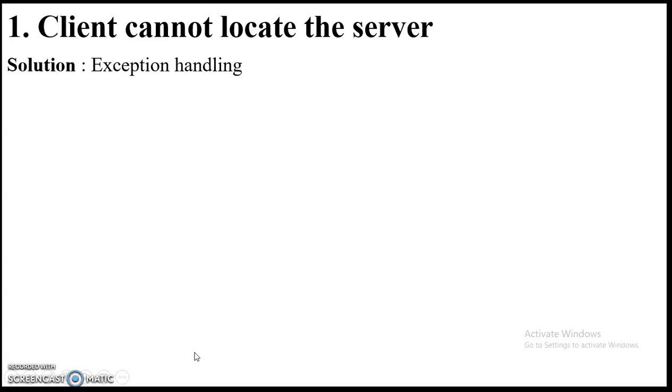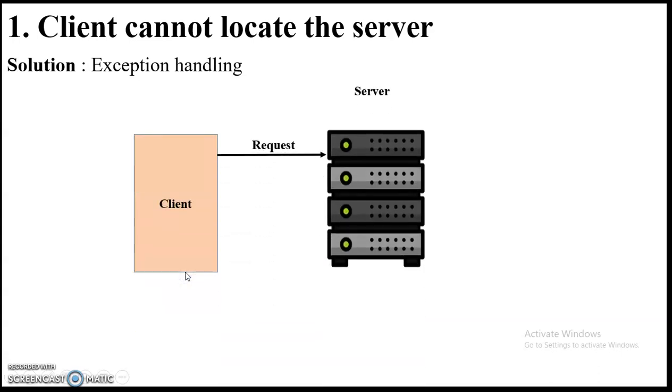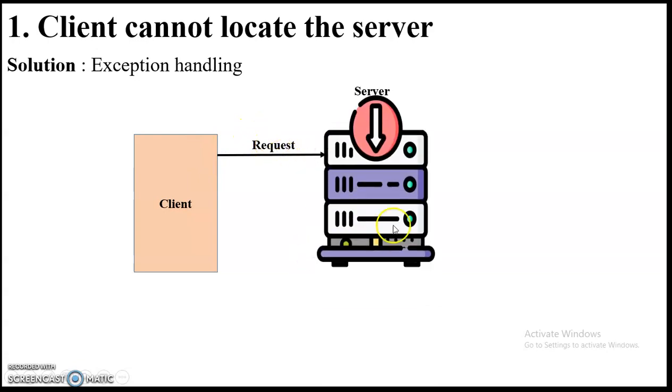The first one is the client cannot locate the server. The solution is exception handling. Let us see what it is. The client will send a request to the server. After sending the request, the server has failed or crashed. The client is expecting a response from the server within, let's say, 15 seconds. It has set a timer and expects a response within that time.